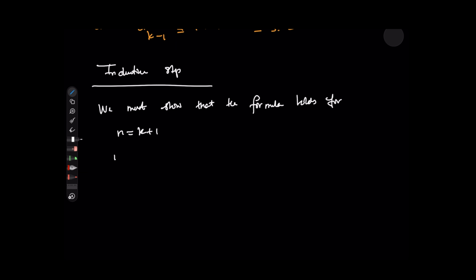That is, in plain language, we must prove that A k plus 1 is equal to 7 by 4 to the power of k plus 1 minus 3 by 2 to the power of k plus 1.